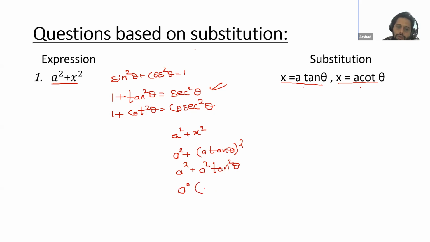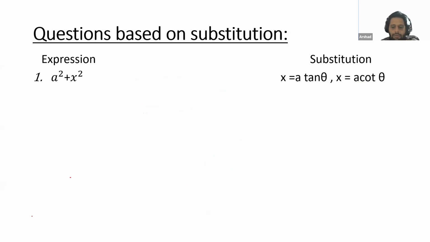You can take a square common, so you will get 1 plus tan square theta, and in place of this you can put sec square theta. So if you have a square plus x square, then you can put x is equal to a tan theta or x is equal to a cot theta. Now we will check the second expression.